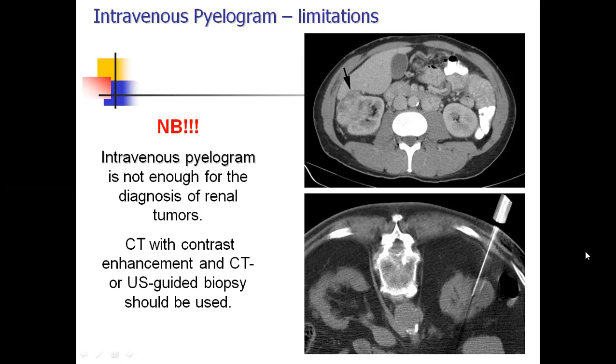In these cases, in suspicion of renal tumors, CT study with contrast enhancement and CT or ultrasound-guided biopsy should be used. Here is an example of a huge tumor of the right kidney and a procedure of CT-guided biopsy.